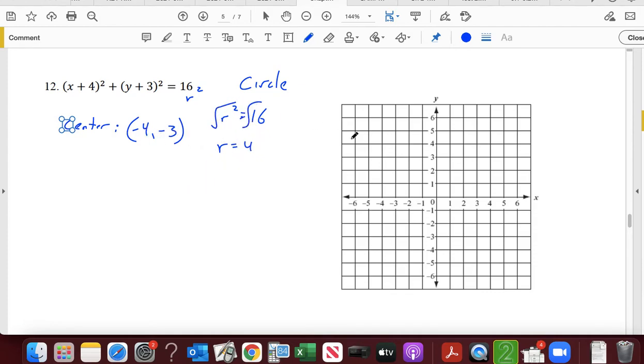So center -4, -3, and a radius of 4. So -4, -3. So there's our center. And then we go 4 in each direction. 1, 2, 3, 4. 1, 2, 3, 4. And there we go. And there's our circle.